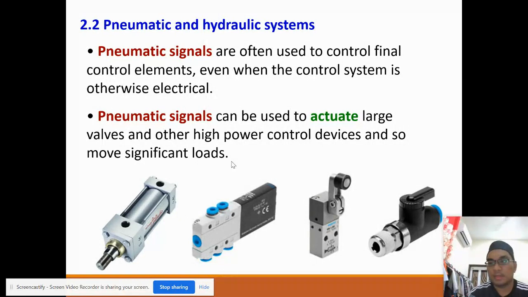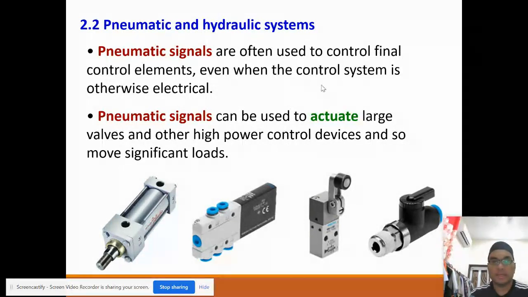Let's say you have a PID control or any microprocessor control, it transforms the voltage to the movement of the actuator. So pneumatic signals can be used to actuate large valves and other high power control devices, and also move significant loads.